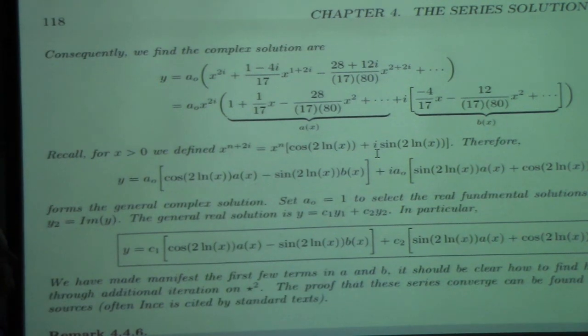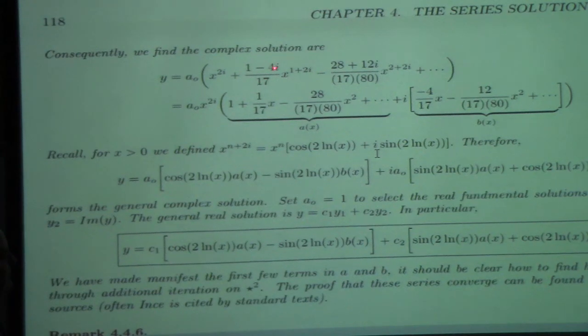There's not much going on there really, except that this gives me an x squared times x to the 2i. This gives me an x times x to the 2i. So I'm just factoring the x to the 2i out front. And I'm going ahead and keeping the 1 over 17 and the 2 over 17 times 80 together as the real piece. And I'm taking the i pieces out.